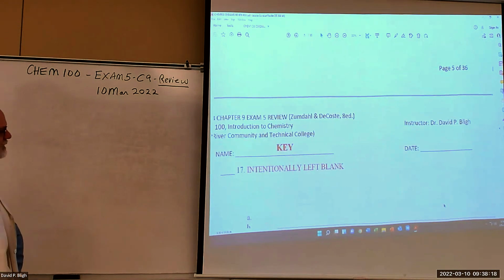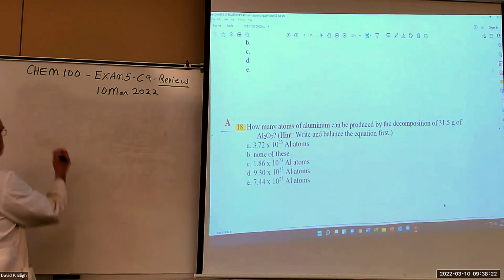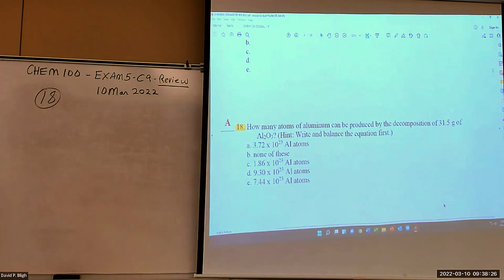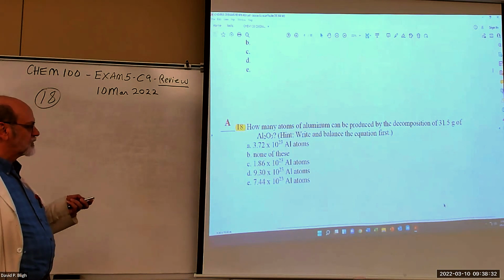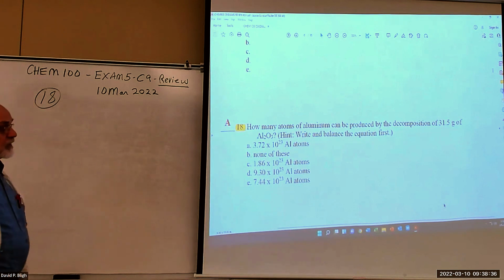All right, let's see. There's another that I threw out. 18. How many atoms of aluminum can be produced by the decomposition of 31.5 grams of aluminum oxide? Okay.